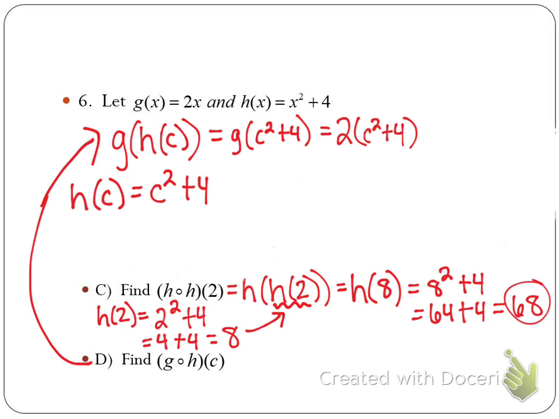Distribute. That'll at least get rid of the parentheses. So 2 times C squared, 2C squared. 2 times 4 is 8. So we have 2C squared plus 8 as our answer.